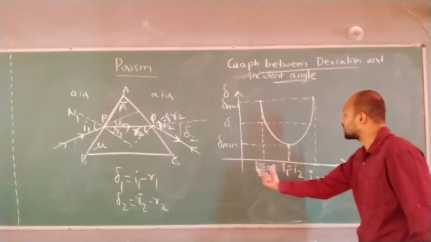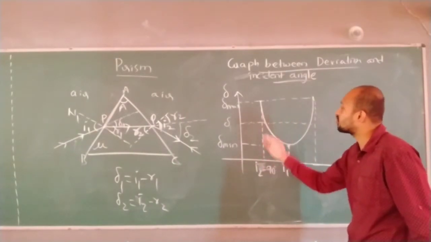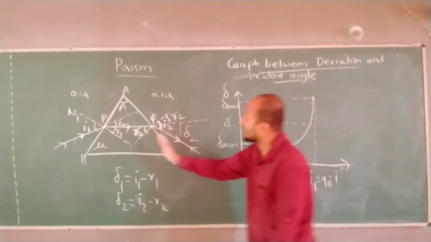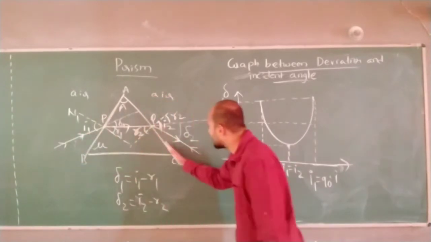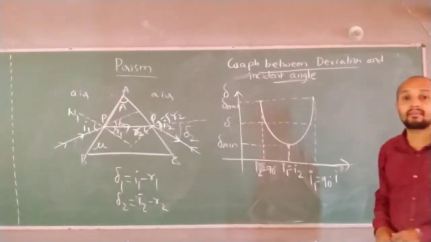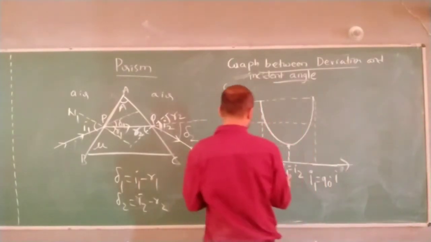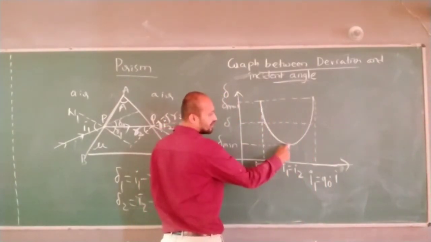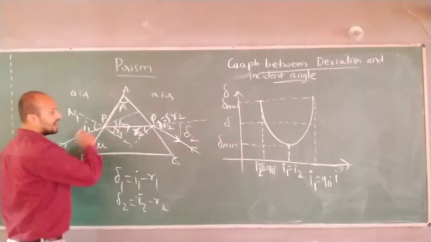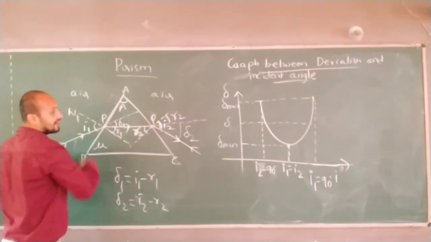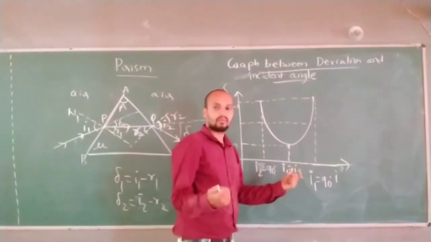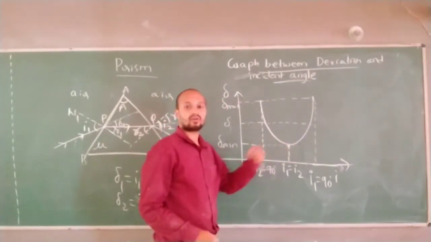So I am telling you, at this point, even for a small angle of incidence, when the emergent ray is 90 degree, you will find maximum deviation. So here I1 is equal to I2 because there is only one value. Either you send a light ray like this or like this, at this point I1 will be equal to I2.